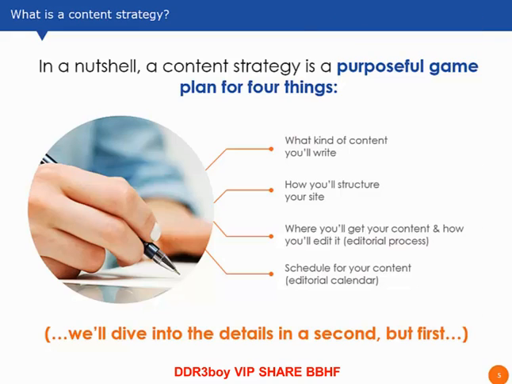And then lastly, your content strategy should include some schedule for your content, or an editorial calendar. The way that typically looks is it starts off slower because you're building a brand new site with fewer resources. And then as the site starts to make money and pay for itself, it gets more and more frequent. So you might start with a core of 15 articles, and then you promote some linkable assets.